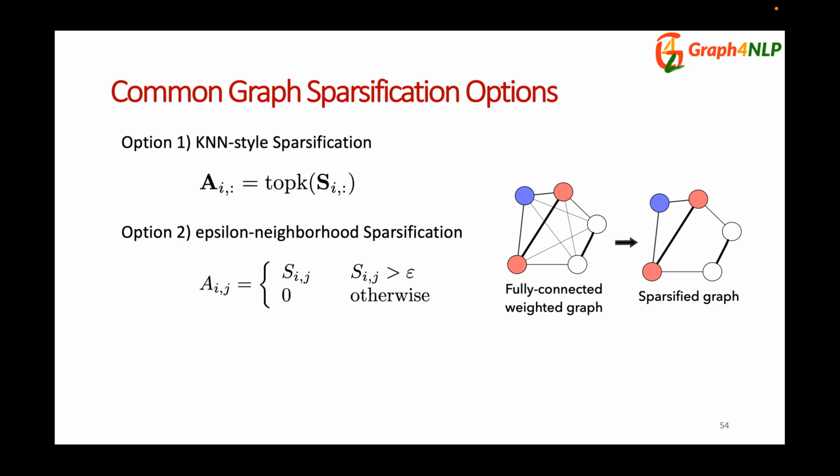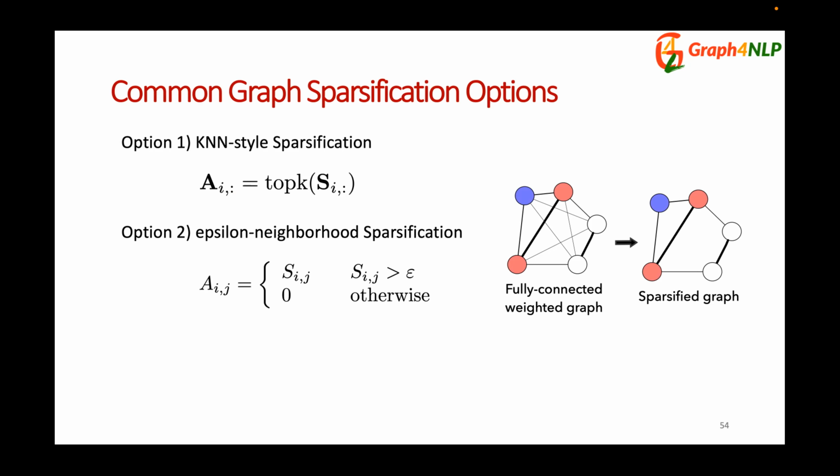For epsilon-neighborhood sparsification, those elements in the attention matrix which are smaller than a non-negative threshold epsilon are masked off. So we can also get a sparse graph by doing that.